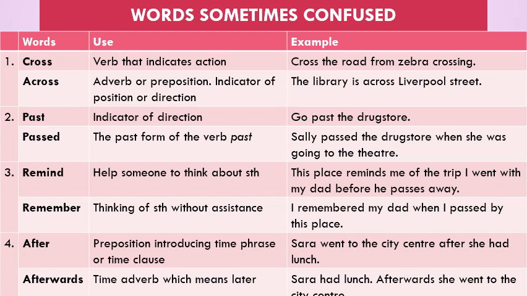However, when you talk about afterwards, this is a time adverb and it means later. And in this sentence, they are used differently. For example, if I come back to my same sentence, I washed my hair, afterwards, I had my dinner.